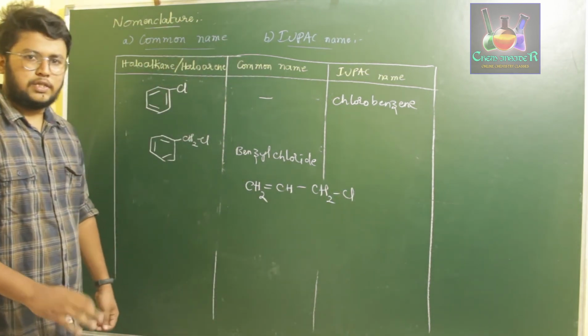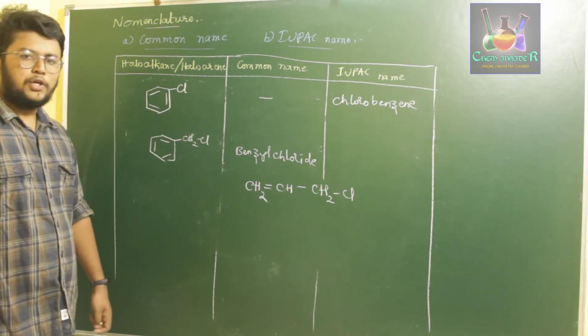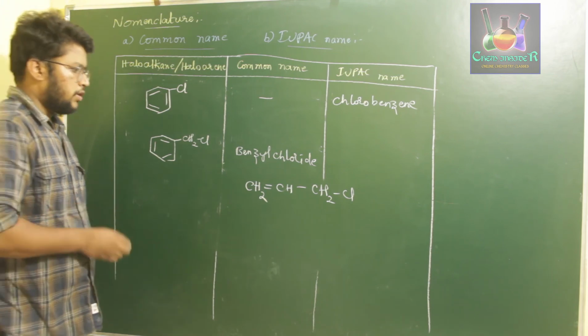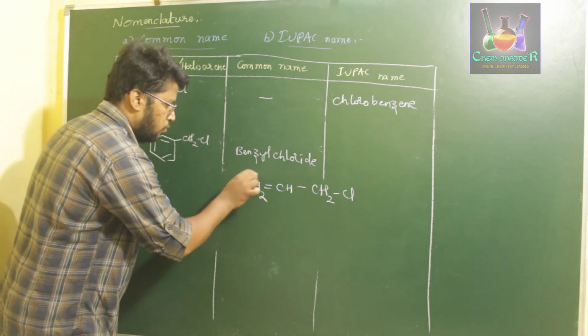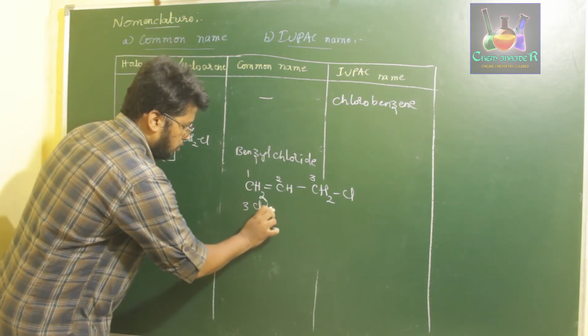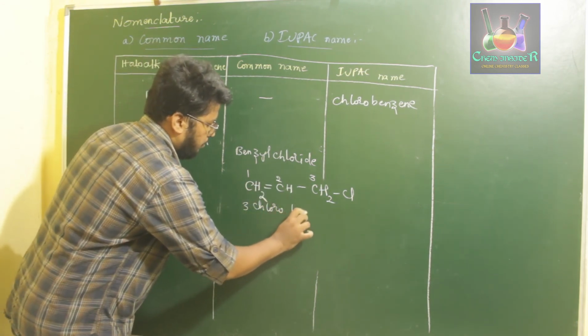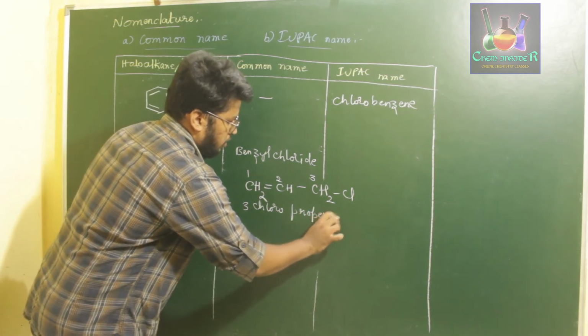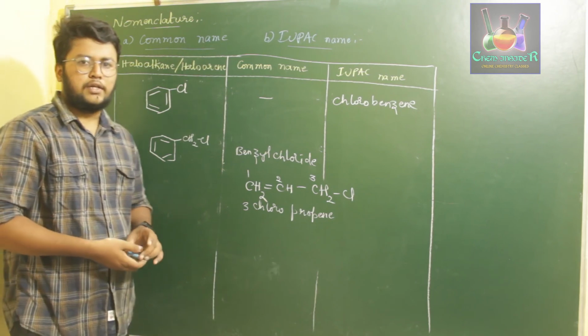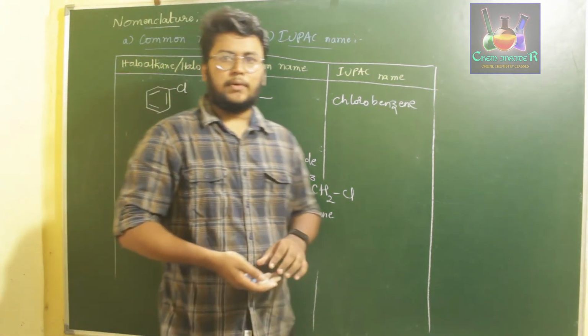First you need to number this according to IUPAC nomenclature. We should consider the double bond preferred over chlorine. Therefore, we should start numbering from this side, 1, 2, 3. The compound will be 3-chloropropene. So this is about several conditions of IUPAC nomenclature and common names.